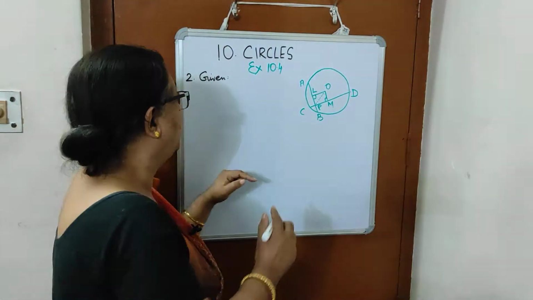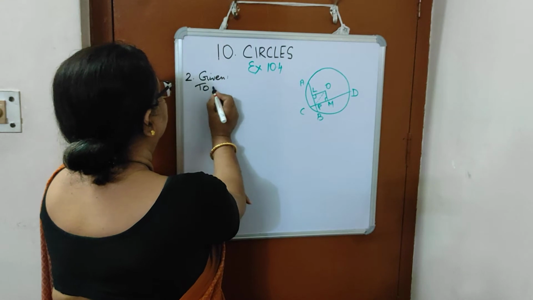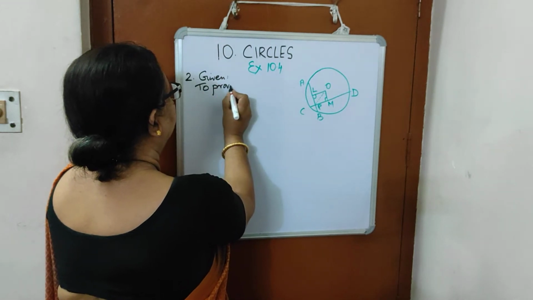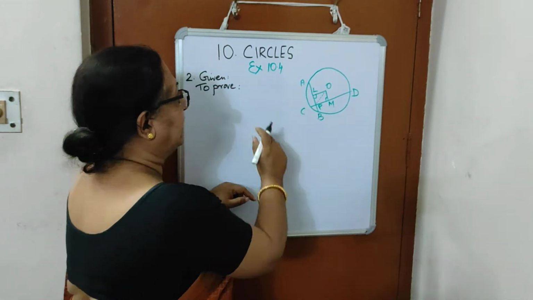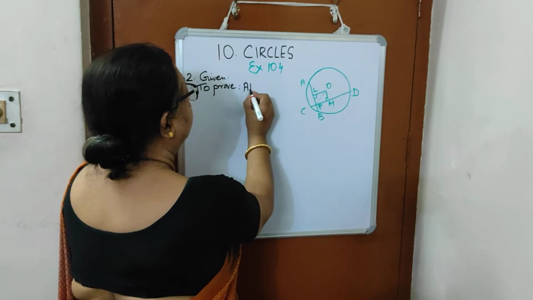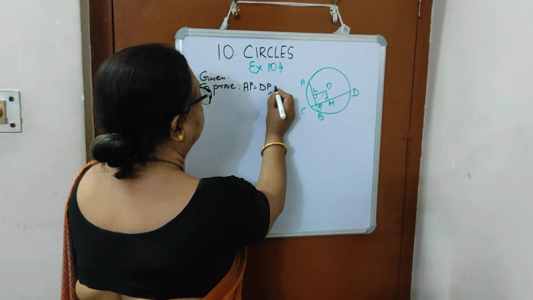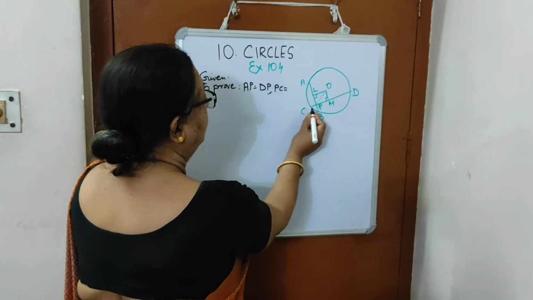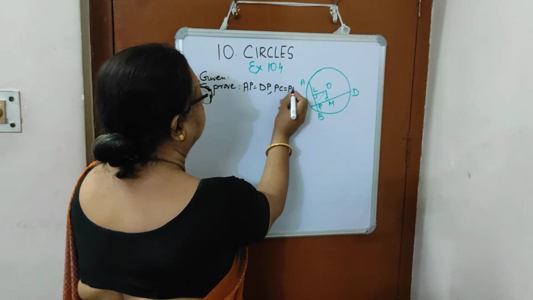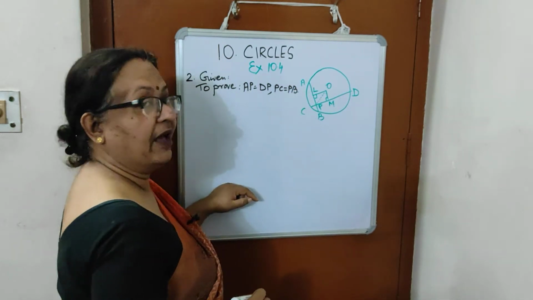Next we have to prove. What you have to prove? The segments are equal. That is, you have to prove AP is equal to DP and PC is equal to PB. This we have to prove.